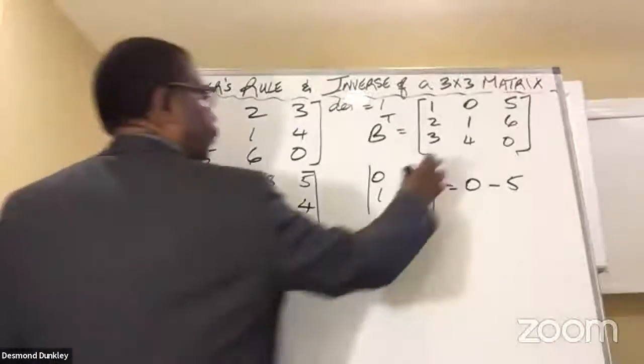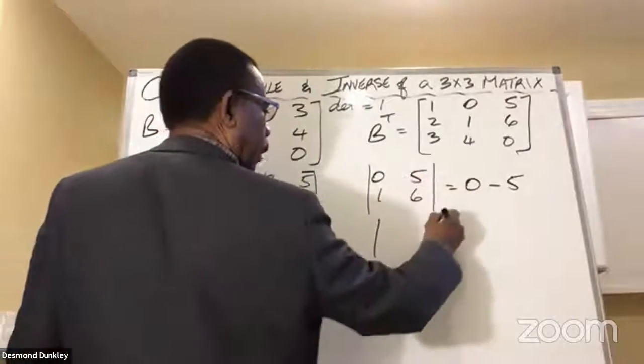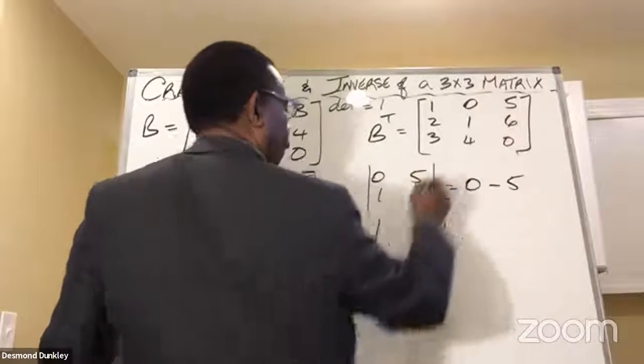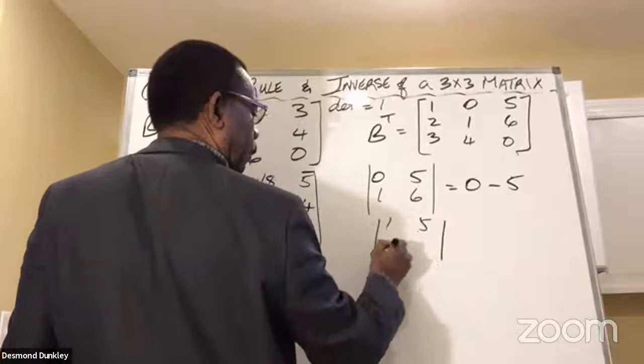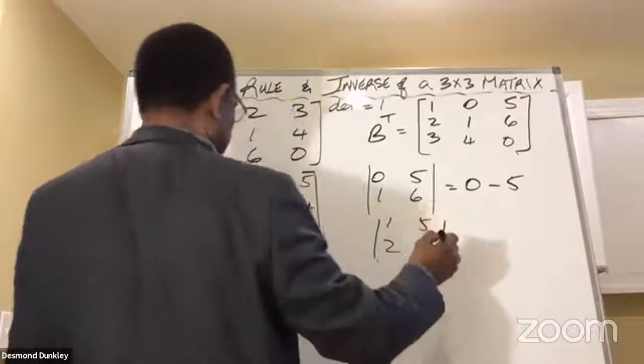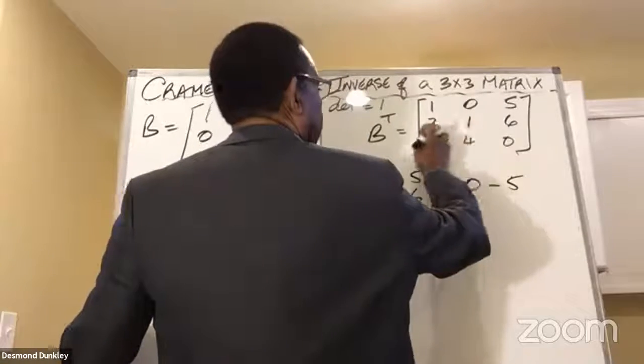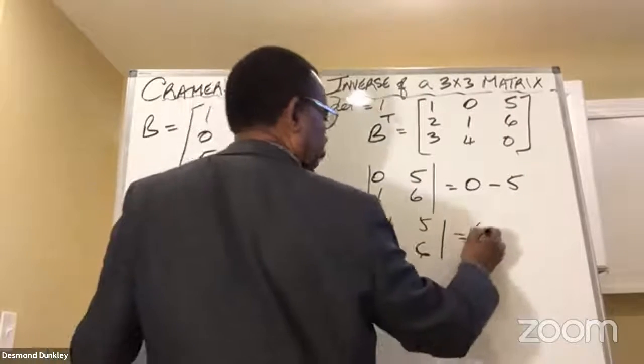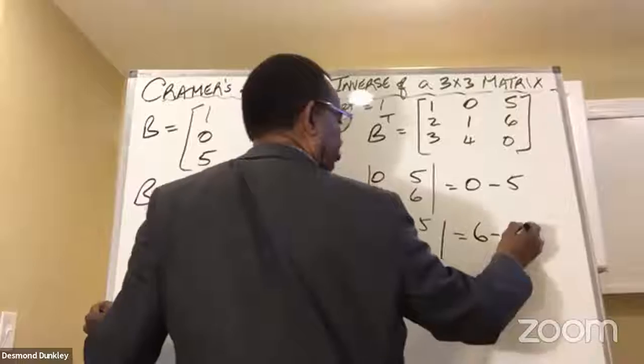We'll go to the next entry right here. Cross this out, cross that out. End up with 1, 5, 2, 6. Let's double check. This goes out, 1, 5, 2, 6. Yes. 1 times 6 is 6, minus 2 times 5 is 10.